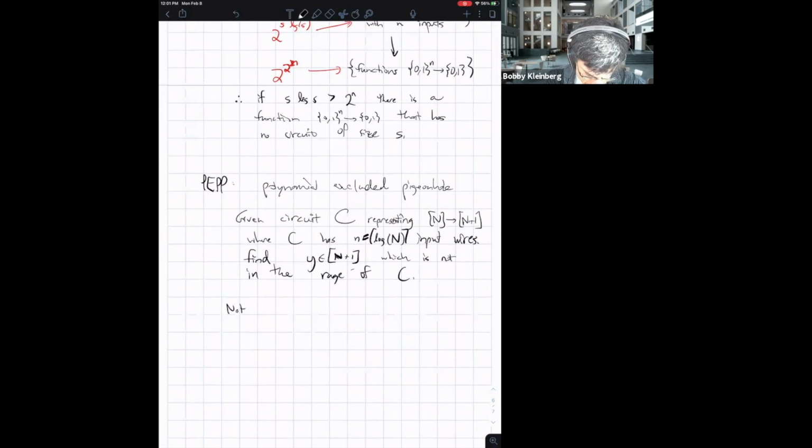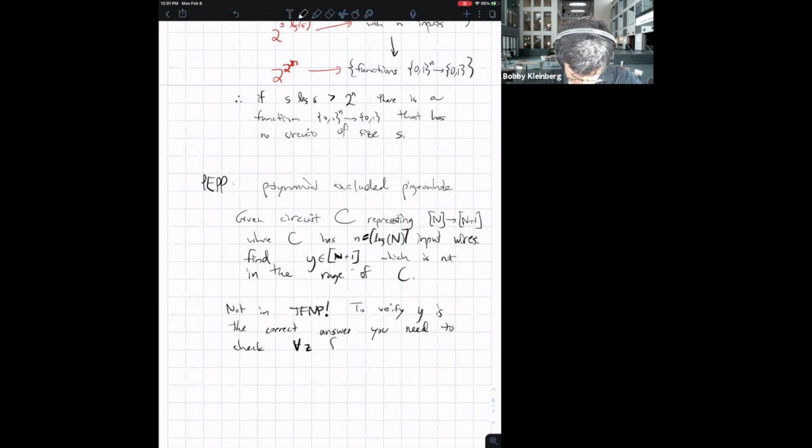And the basic difference, this is not a TFNP problem, because if I tell you the answer y, to verify that y is the correct answer, you need to check the validity of the logical formula: for all z, f of z, c of z not equal to y.